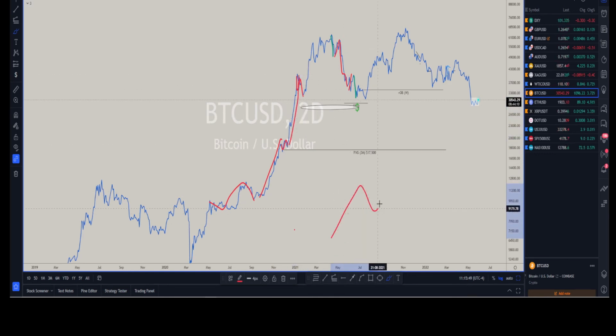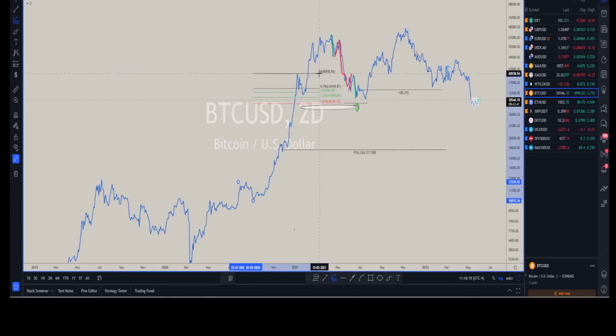Keep in mind the wave that I spoke about, this comes as a running one. So let's measure these. We're taking this one from here to here, the running one, into the interest zone. This from high to the low, from the high to the low, we go like this, from high to the low into the interest zone.